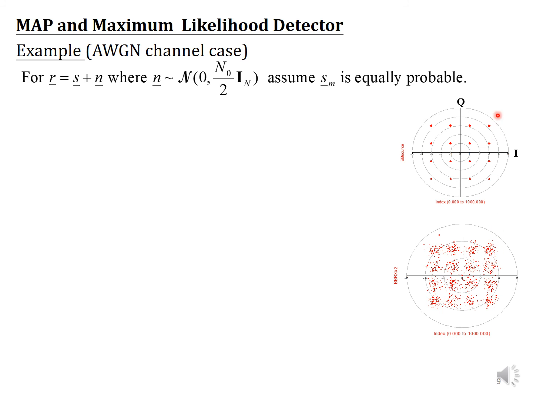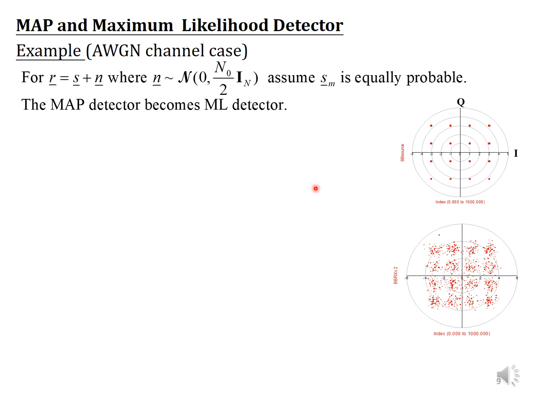And the received signal, with the noise, would spread out around the transmit signal, and this would be the received signal, right? That is the signal plus noise. If we receive the signal many times, then we have this kind of received signal. And we're assuming that every transmit symbol is equally probable.